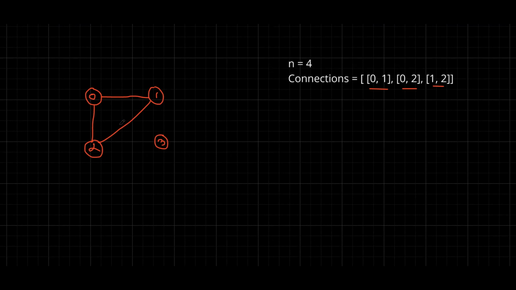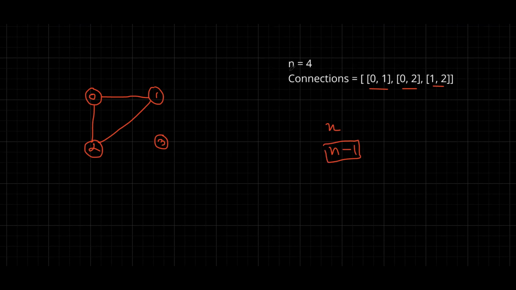But the question is, how can we solve this problem? At first, we have to check how many connections we have been given, because if any graph has n number of nodes, to make the graph completely connected, at least n-1 edges should be given.